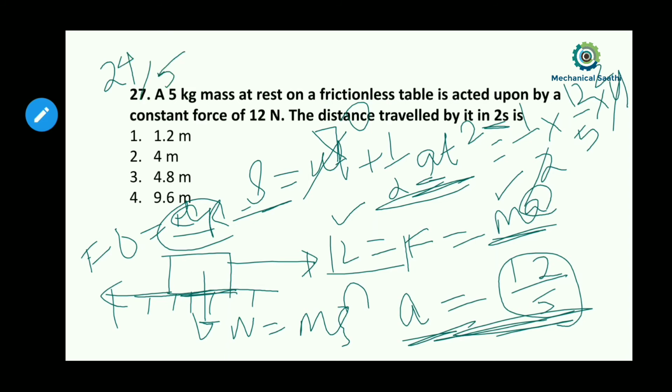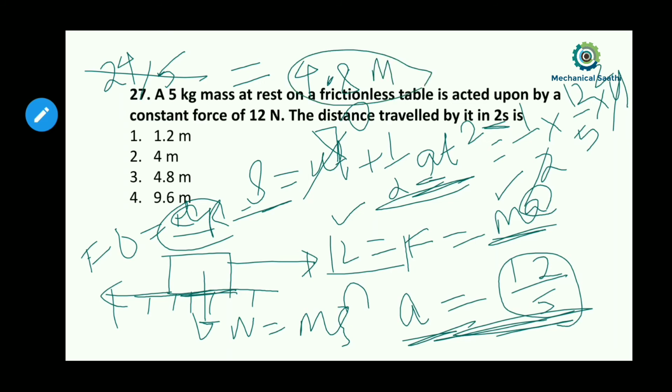So 24 divided by 5: 4 times 5, that will be 4 point, and we will be left with 4, so I will be getting 4.8. So 4.8 will be the answer for this question.